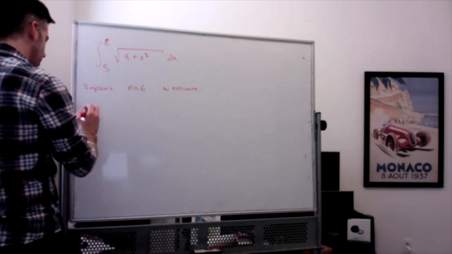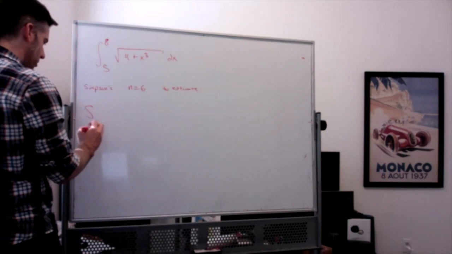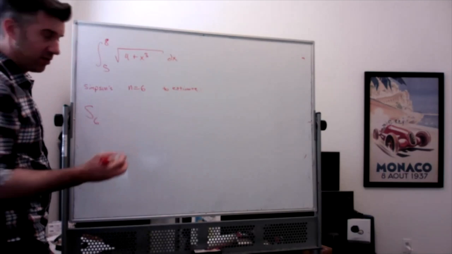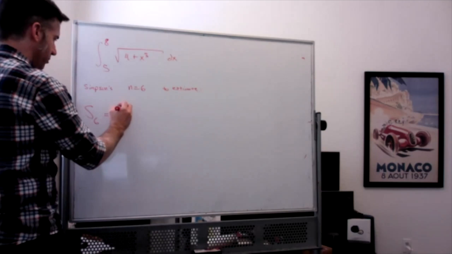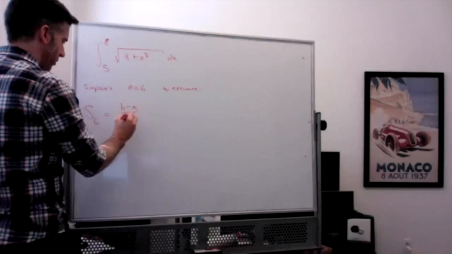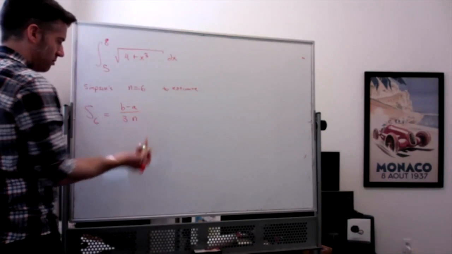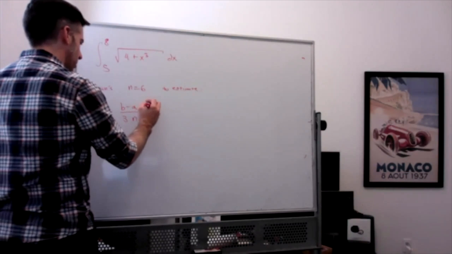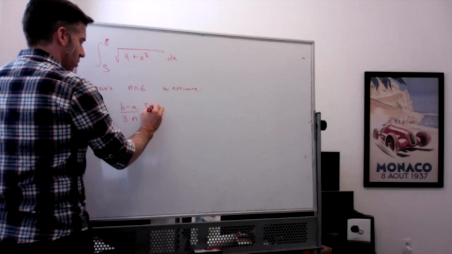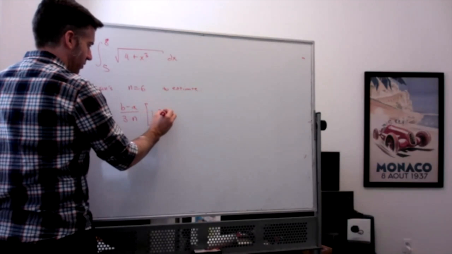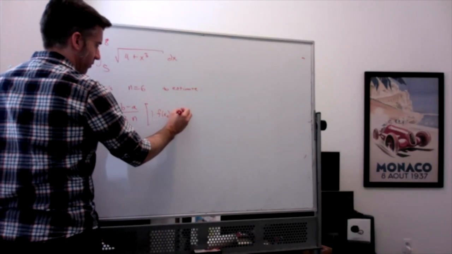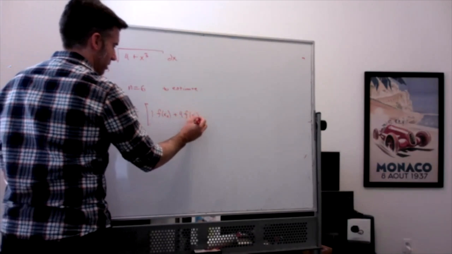For Simpson's rule, using 6 intervals, it's going to be b minus a over 3 times n. And then it's going to be 1 times f of your first point plus 4 times f of your next point.